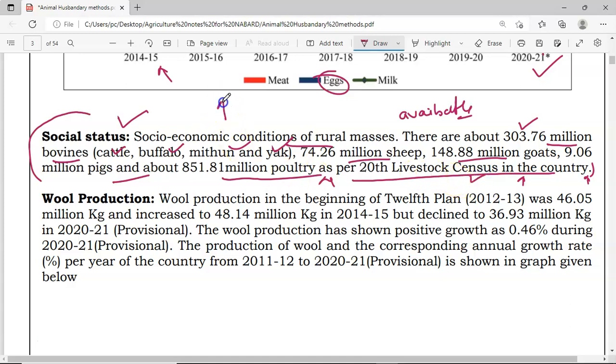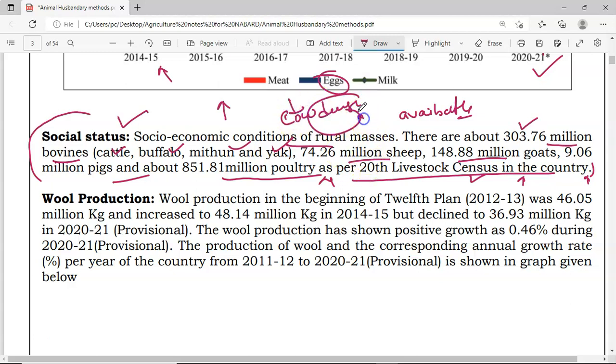So by seeing these data, you can say that the livestock sector contributes fodder, food security, employment generation and other allied sectors. For example, if you have cattle at your house, then you can have cow dung from your cow available at your house.